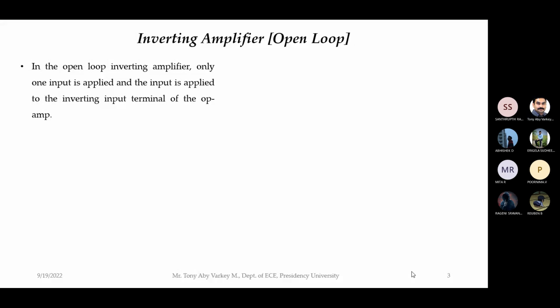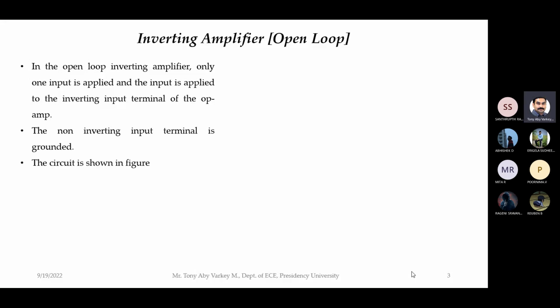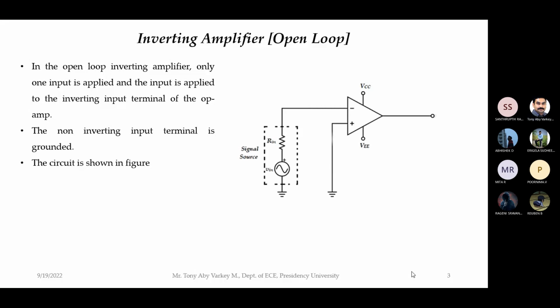In open loop inverting amplifier, the input will be applied to the inverting input terminal, and the non-inverting input terminal will be grounded. So this is the circuit diagram. You can see that the non-inverting input terminal is grounded, and the inverting input terminal is connected to the voltage source.